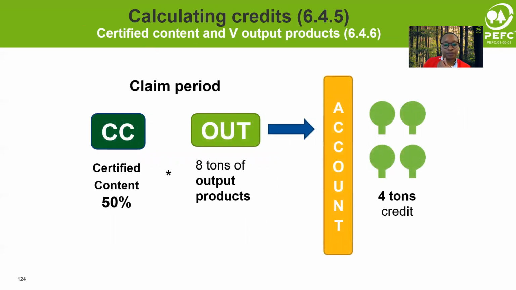So here you have your certified content as 50%. You have a specific claim period, for example. And then you have 8 tons of output product, and your account will have 4 tons of credit.